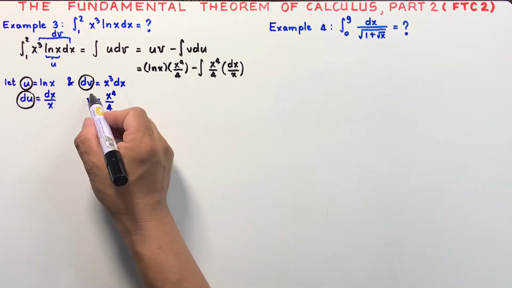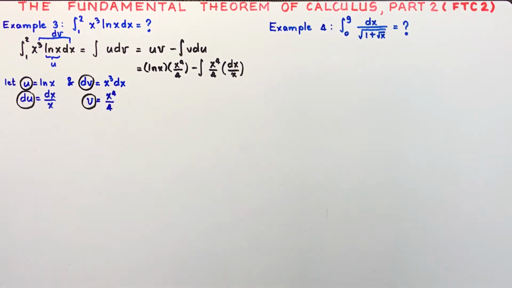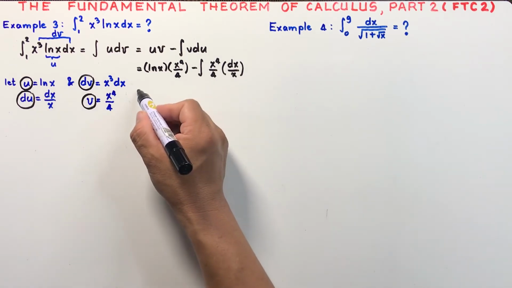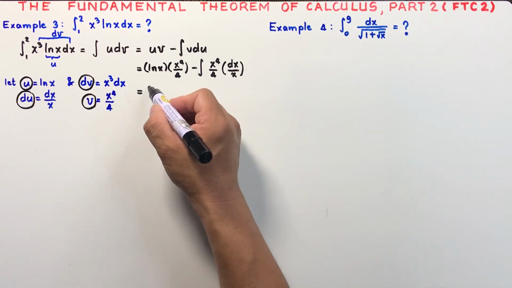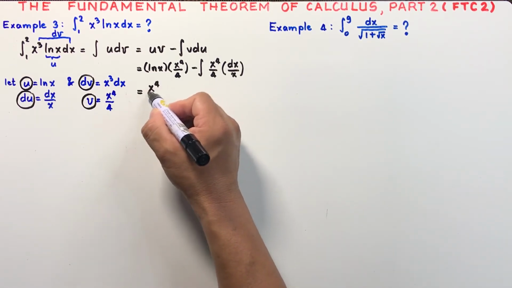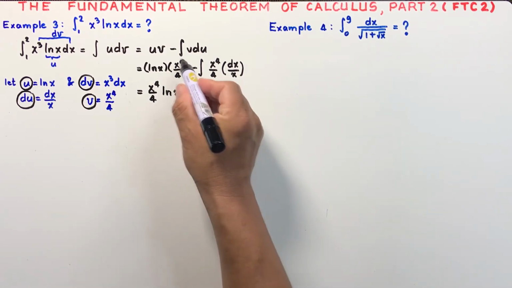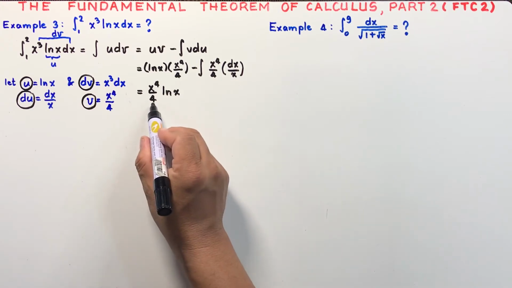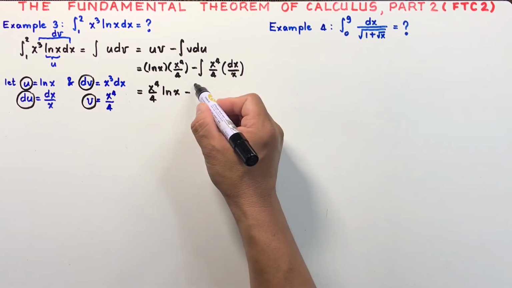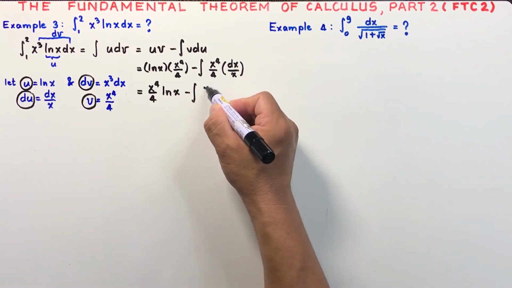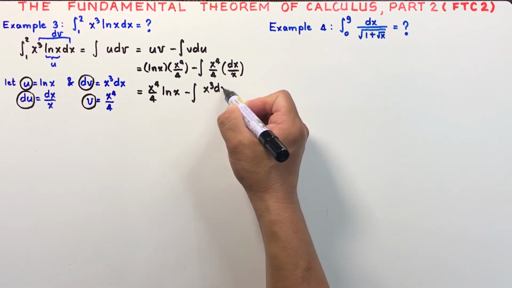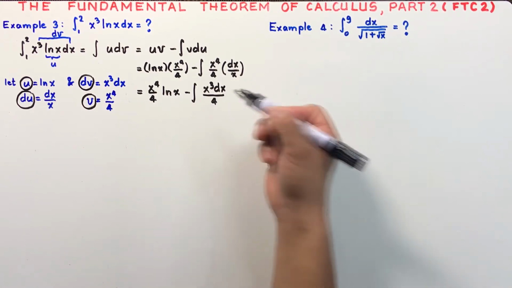And remember, our v is this one. So simplifying our expression here, we have x to the power 4 over 4 times ln x if we write this factor first, and this will be subtracted by x cubed dx over 4.